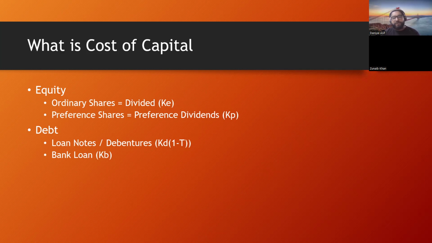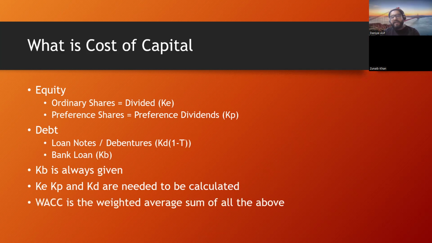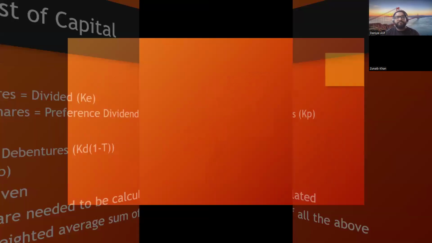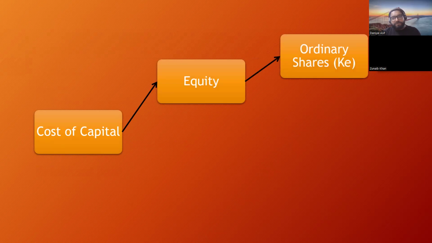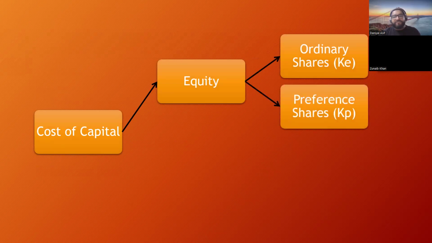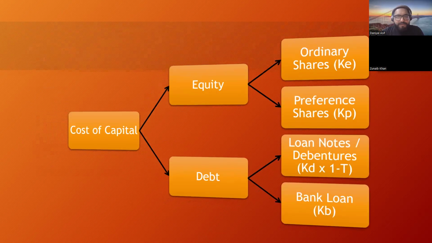That's why we write only KE and KP. KB is always given in your exam. KE, KP, and KD are needed to be calculated in your exam. WACC, on the other hand, is the weighted average sum of all of the above. So basically, cost of capital in equity is ordinary shares KE, preference share is KP, debt, loan notes, debentures KD multiplied by 1 minus T, and bank loan is KB.